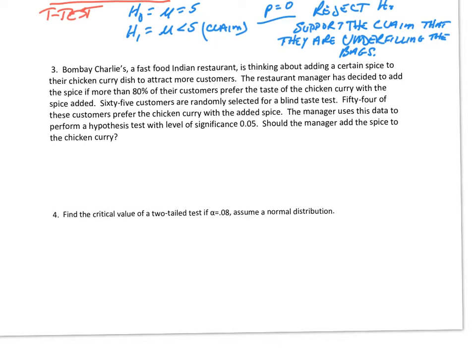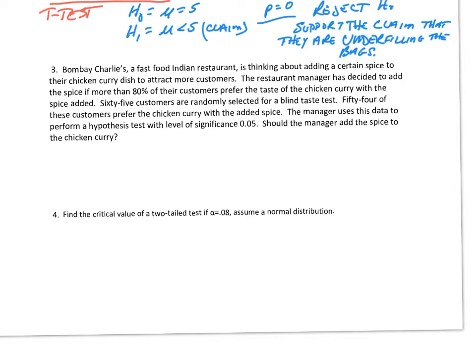Now if I scroll up the page, I'm ready for Bombay's Charlie. He's thinking about adding a certain spice to his curry, but he has to figure out if they prefer the taste of the chicken dish with the curry or with the spice added.